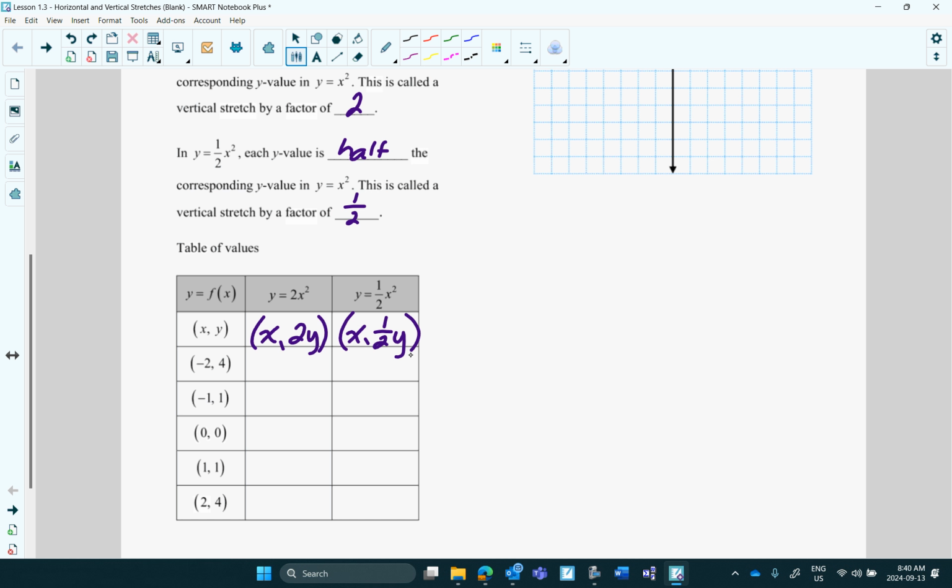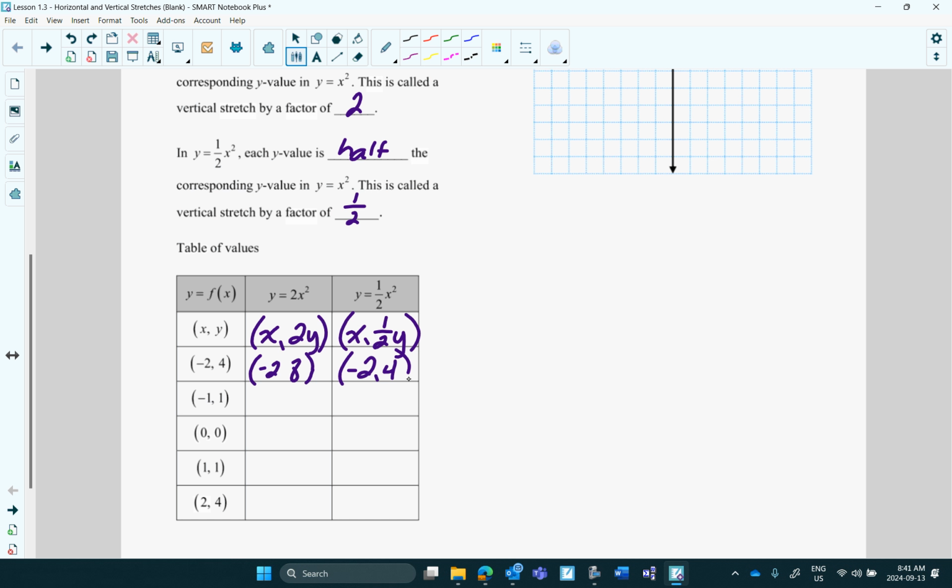So just the first one became (-2, 8). Next up, (-2, 4), and so on. So whenever you do a vertical stretch of a function, it doesn't have to be x squared.